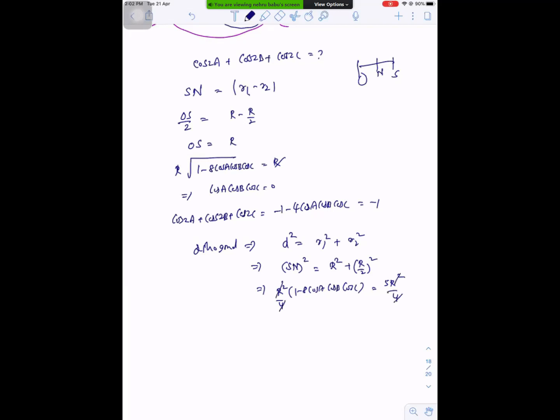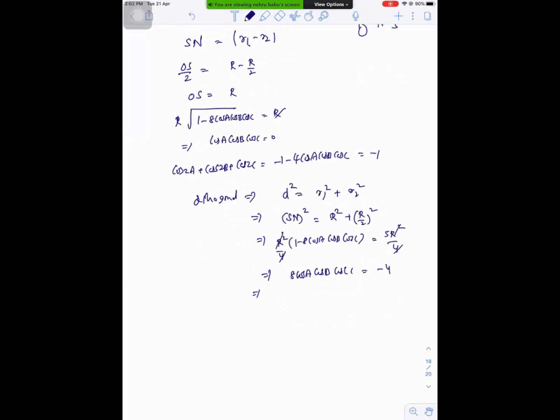Both will cancel, so 8 cos A cos B cos C equals minus 4. So minus 1 minus 4 cos A cos B cos C is our required result, which is equal to 1.